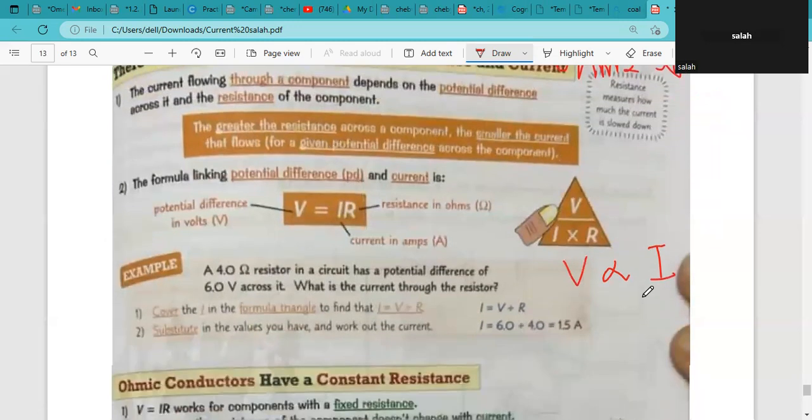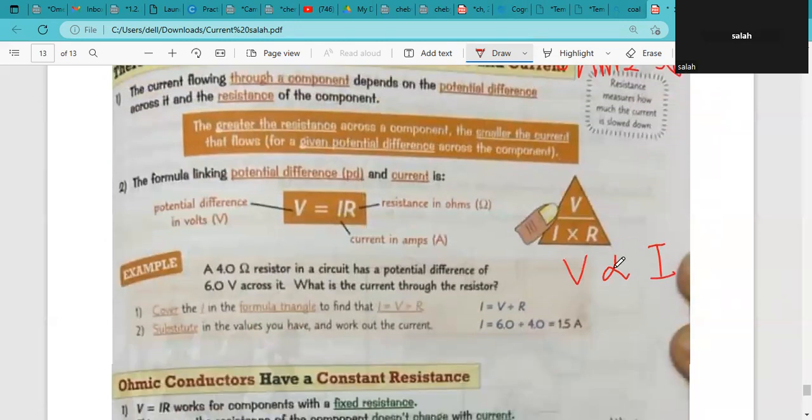Do you know what it means by proportional, direct proportional? It means that if one quantity rises, the other quantity will automatically rise, increase. It can be written in two ways.